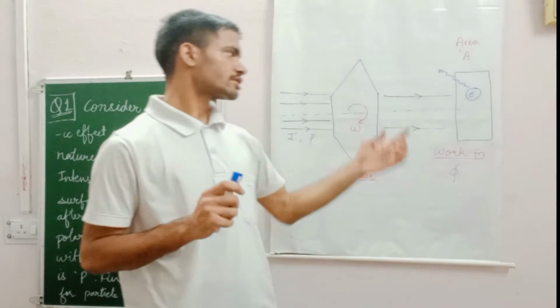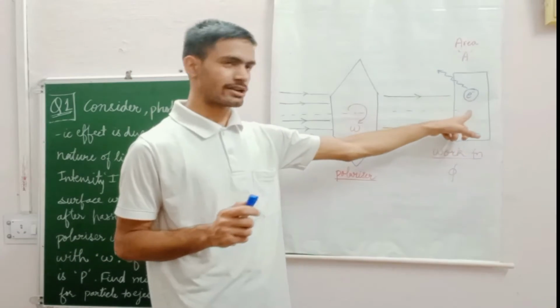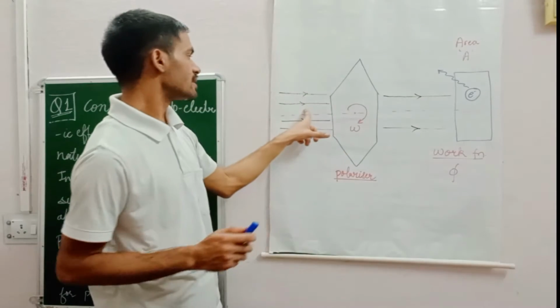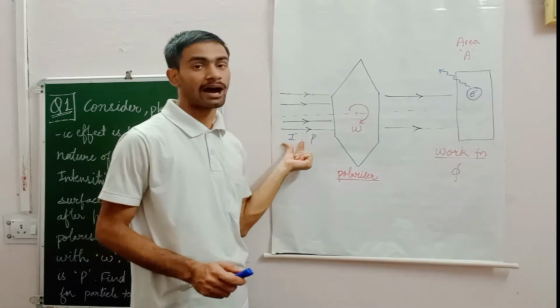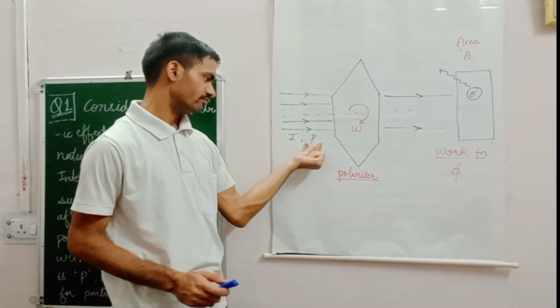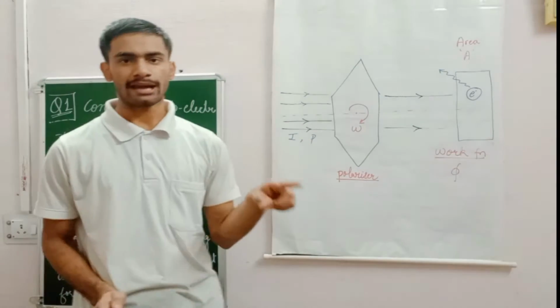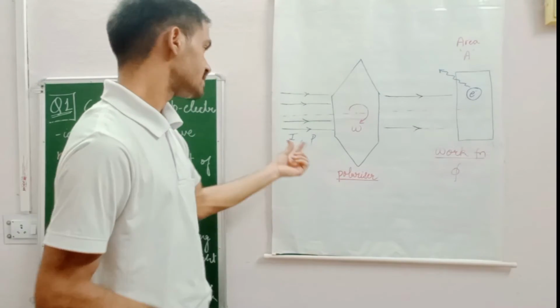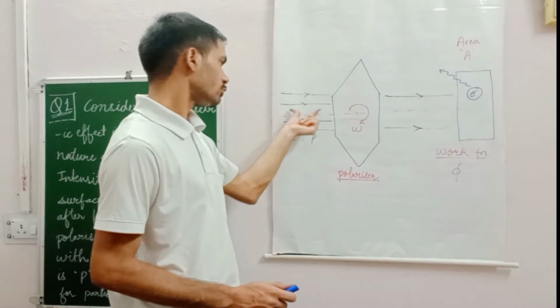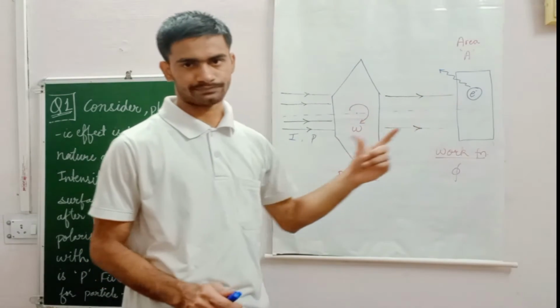So for the ejection of electron from this metal surface, I am going to incident a light of intensity I and power P. That means energy per unit time is P and energy per unit time per unit area is I. So this is going to fall normally onto the metal surface.